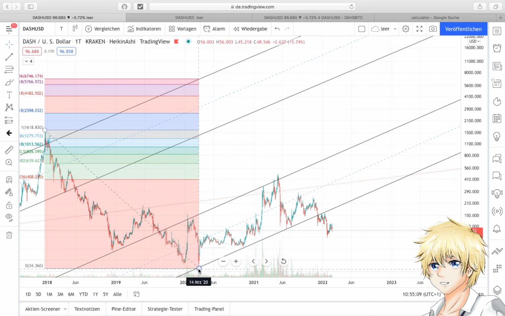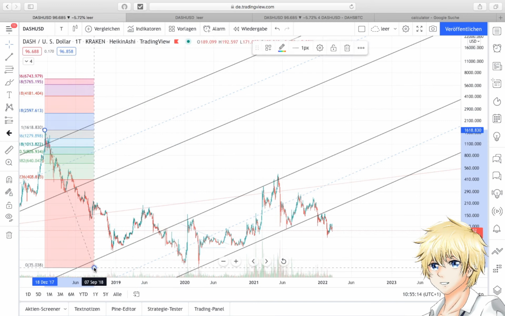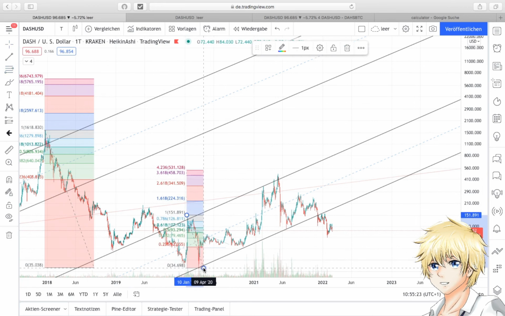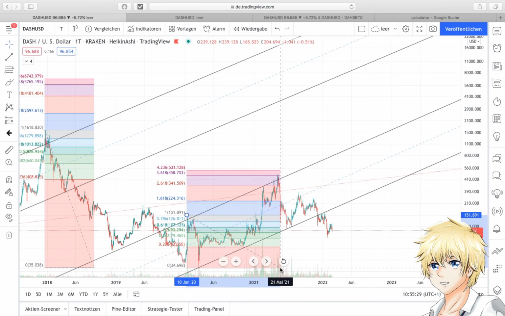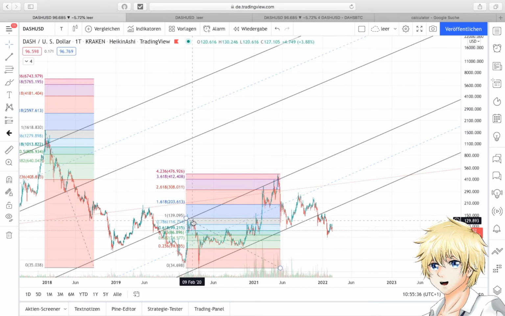Let me draw this over here. So I put this a little bit here to the left. Now I will draw another Fibonacci level and I will look at this part here, top here, and the bottom here. So the 1 is here at the top and the 0 at the bottom. Let me just draw this over, and maybe if that is alright, I will ignore this big wick here and just focus on the real extension of this impulse.